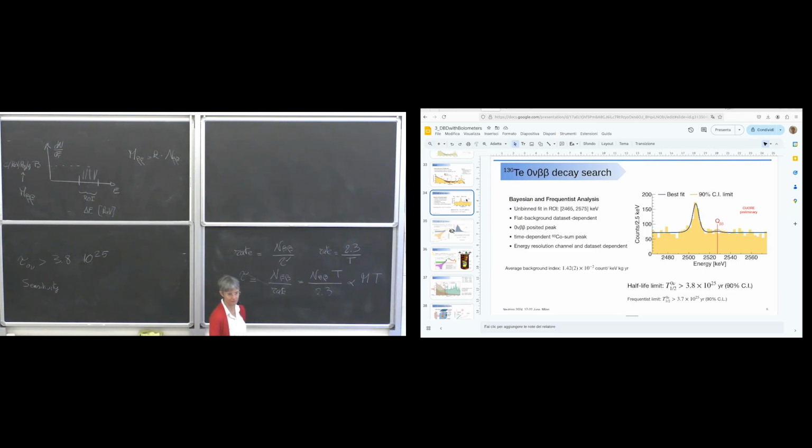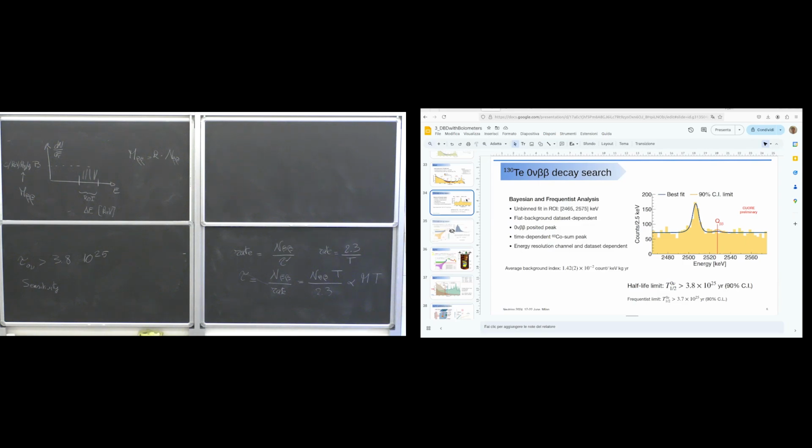Well, the way I like to think of it is kind of like the reverse. Assume that double beta decay exists. What is the smallest half-life we could have where we should see a peak, but there is none because of statistical fluctuation?